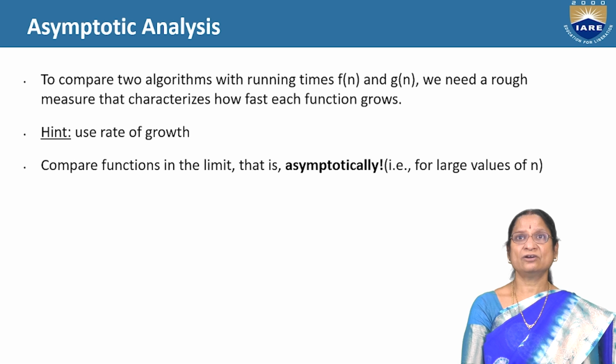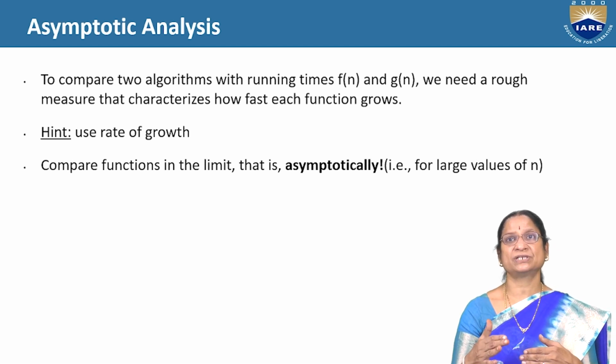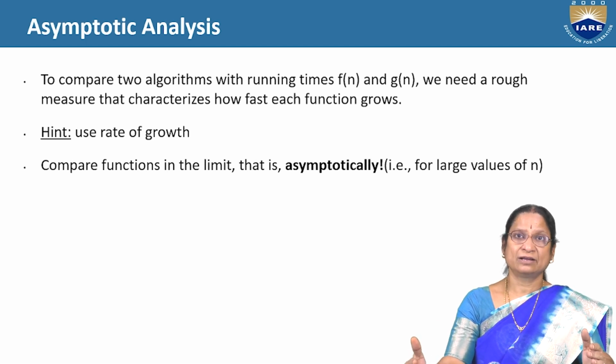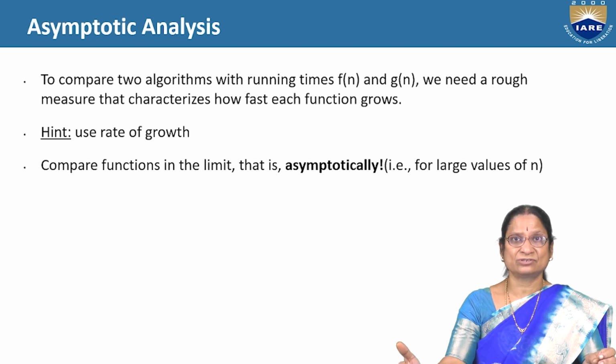We will use a rough measure which characterizes how fast each function is growing. That is, we have to use the rate of growth. Depending upon the rate of growth, we will decide whether the f of n algorithm or the g of n algorithm is more considerable.